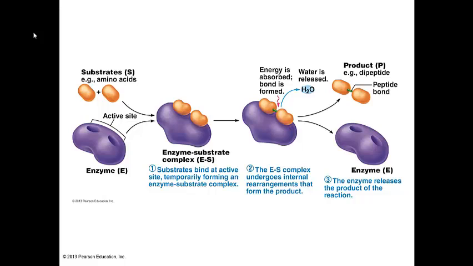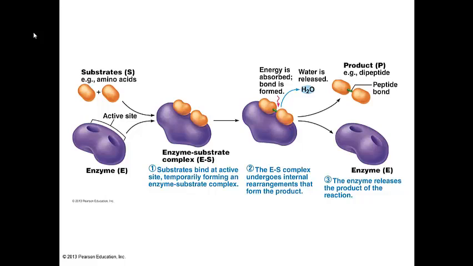It's going to bring, in this case, two amino acids together and bring them close enough together so that they can what? They can hook up together and form a peptide bond. So when I make proteins, guess who's going to help me do that? Enzymes.